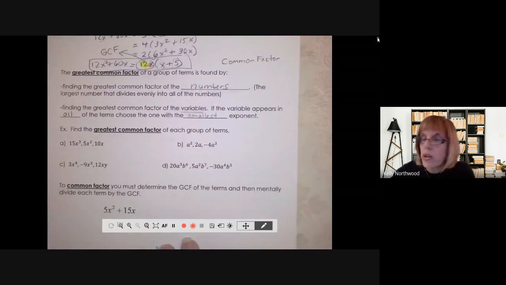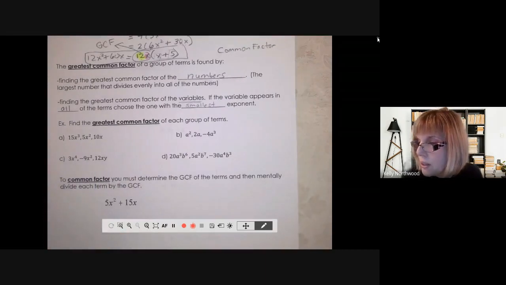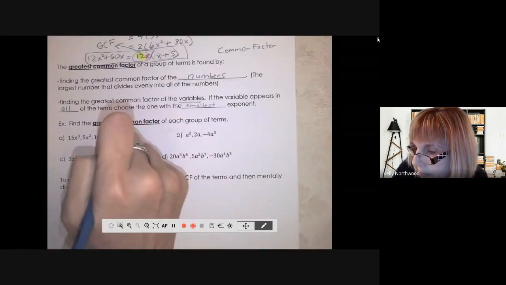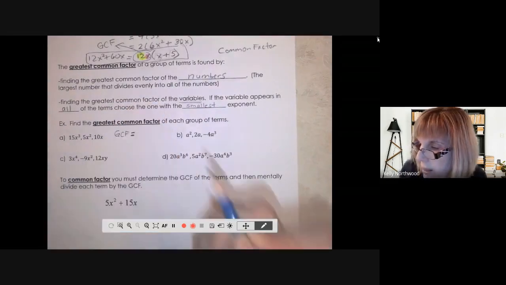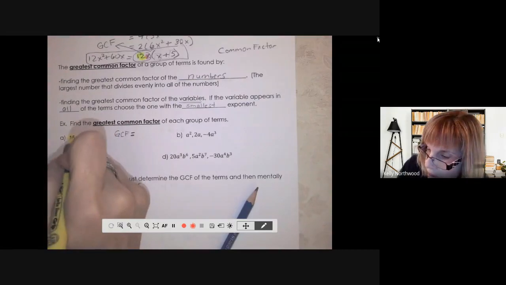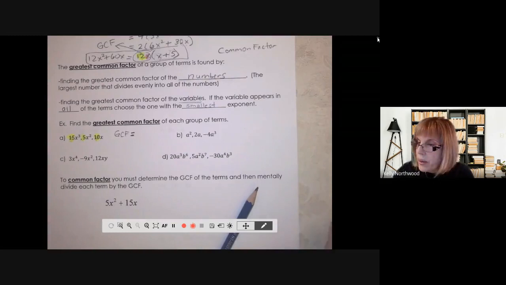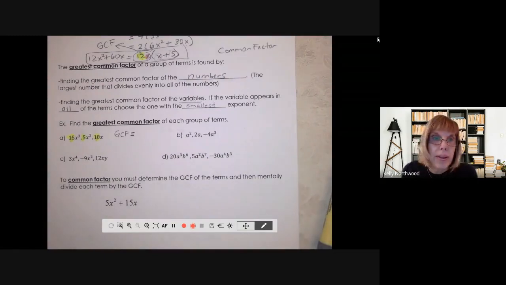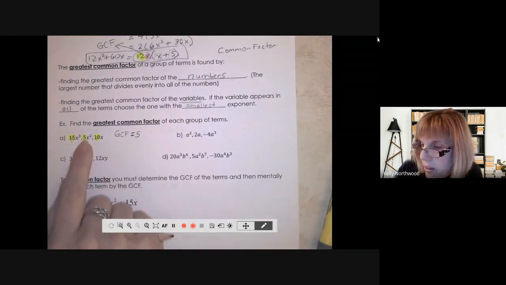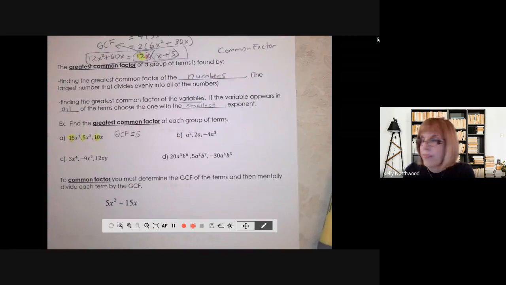Okay, so we're just going to practice right now finding the greatest common factor of a group of terms. If these are my three terms, first I look at the three numbers, 15, 5, and 10, and I want the biggest number that divides evenly into all three of them, and that's going to be 5. 5 goes into itself once, into 15 3 times, and into 10 twice.